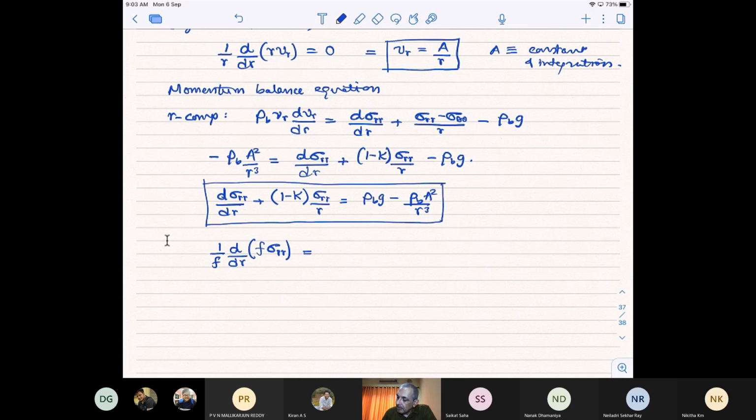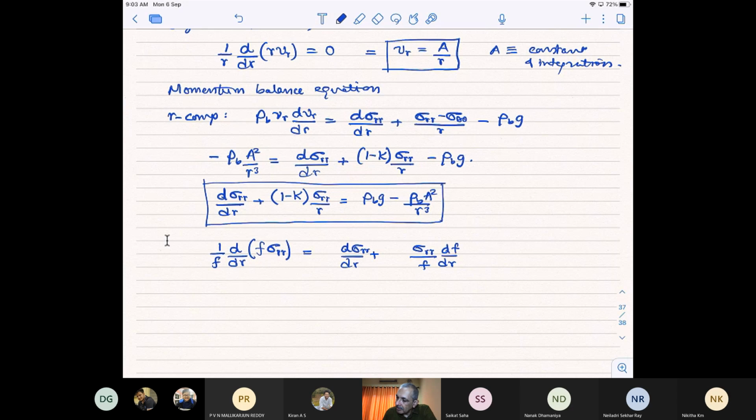If I open this out, this will give us d sigma rr by dr plus sigma rr divided by f into df by dr. Okay. So these two terms should be equal to this. So you can see clearly that this is the same as this.